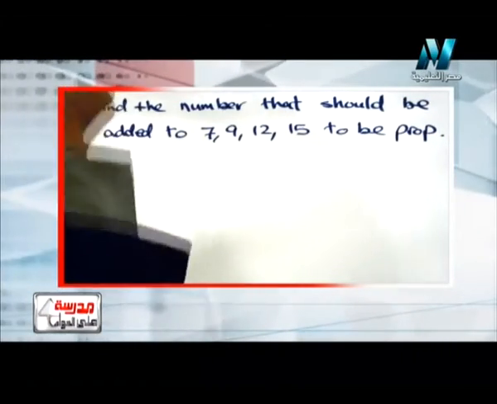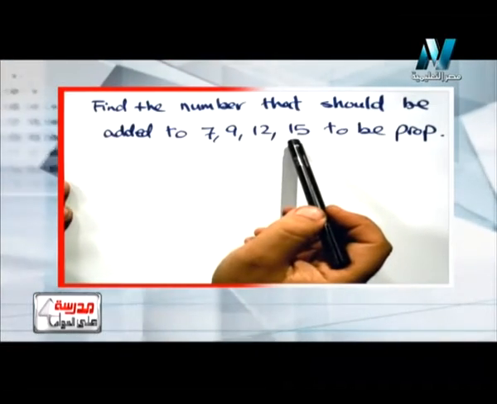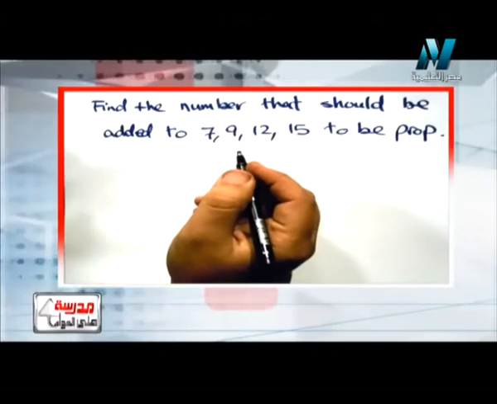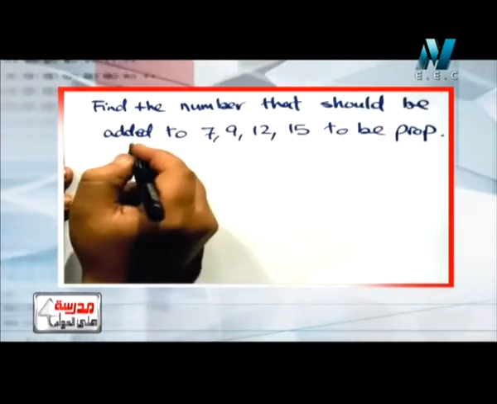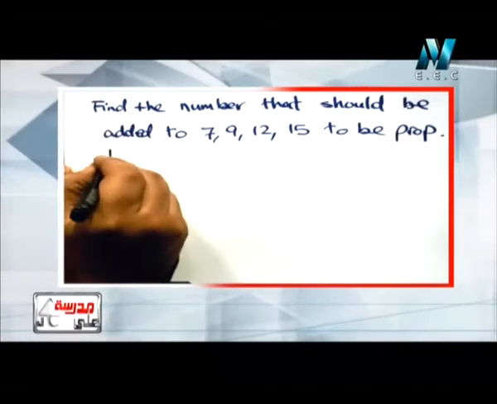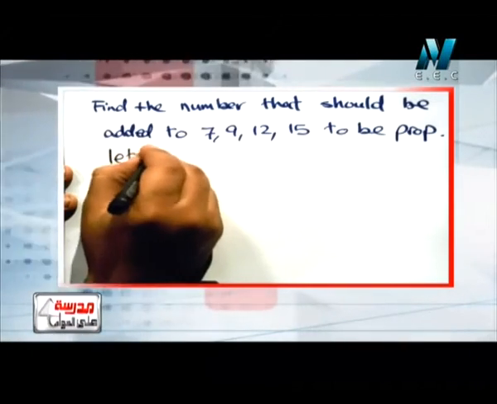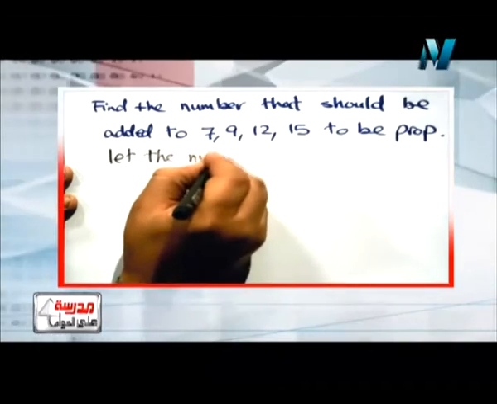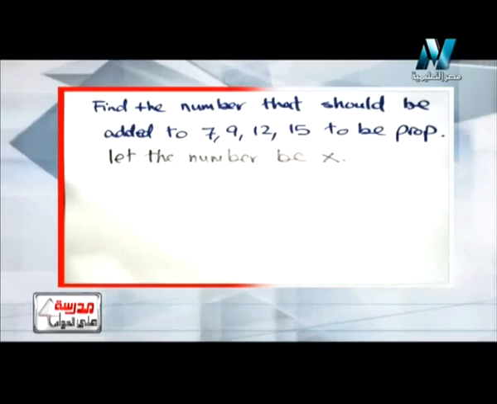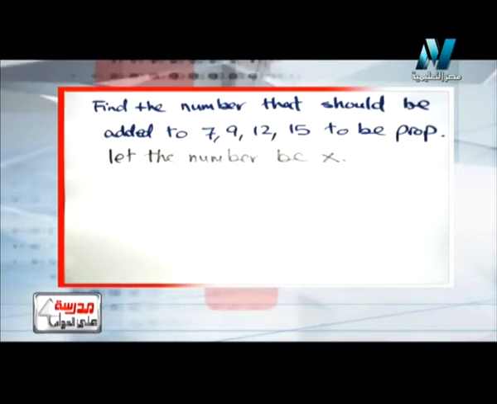There are two ways to answer this exercise. I'm going to use the easiest one. I'm going to use the property that we studied now. We have a number and we don't know this number, so I'm going to assume that the number is x.